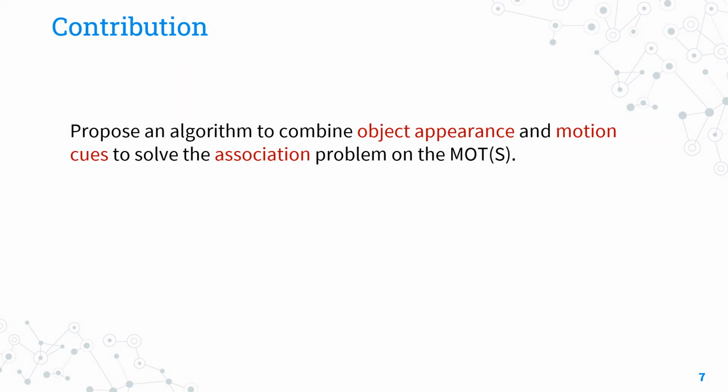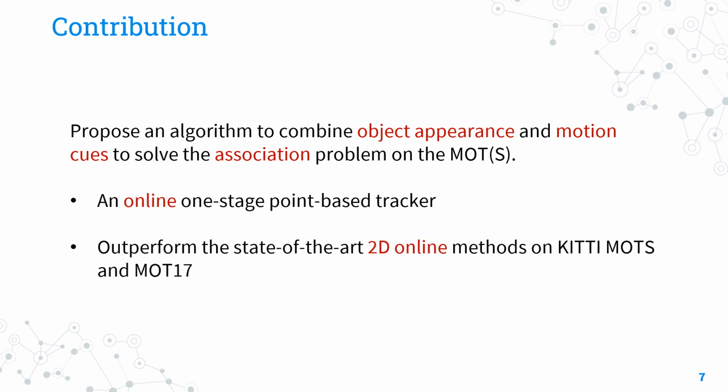To this end, we propose an algorithm to combine object appearance and motion cues to solve the association problem on the MOTS. Our method is an online, one-stage, point-based tracker, and our algorithm outperforms the state-of-the-art 2D online methods on the KITTI MOTS and MOT benchmark.